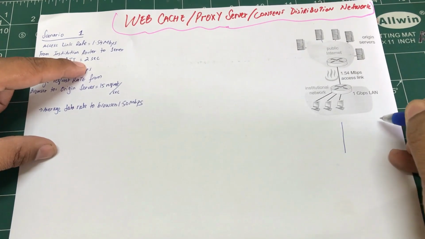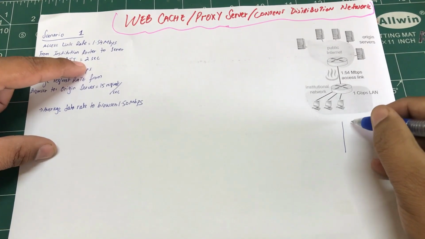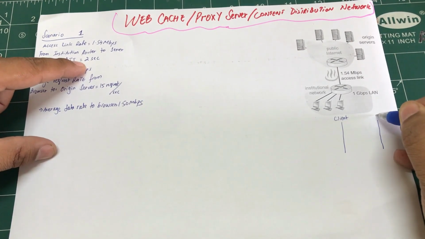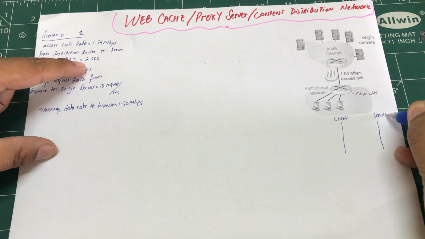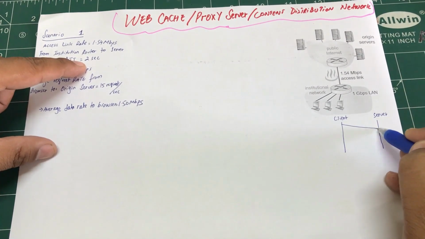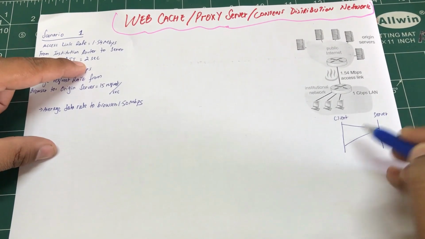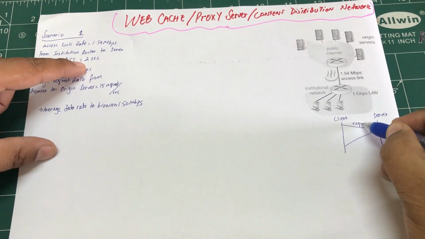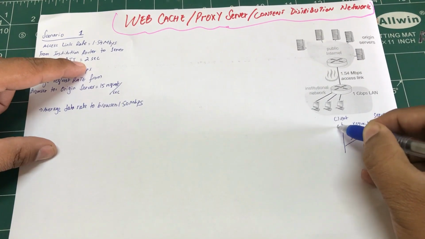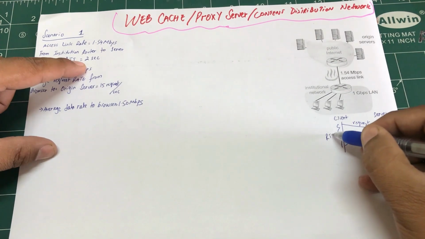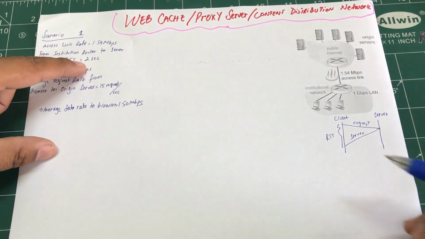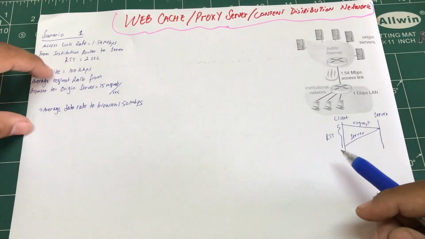For example, if I have a client and a server, and the client is sending a request, RTT is the time it takes to send a request and to receive the response from the server. So the time it takes for a request to go to the server and be served by the server is 2 seconds in this scenario.